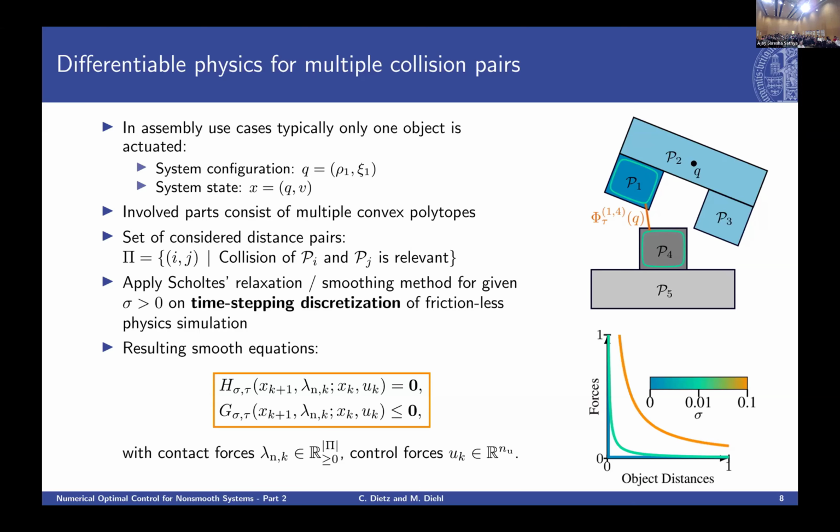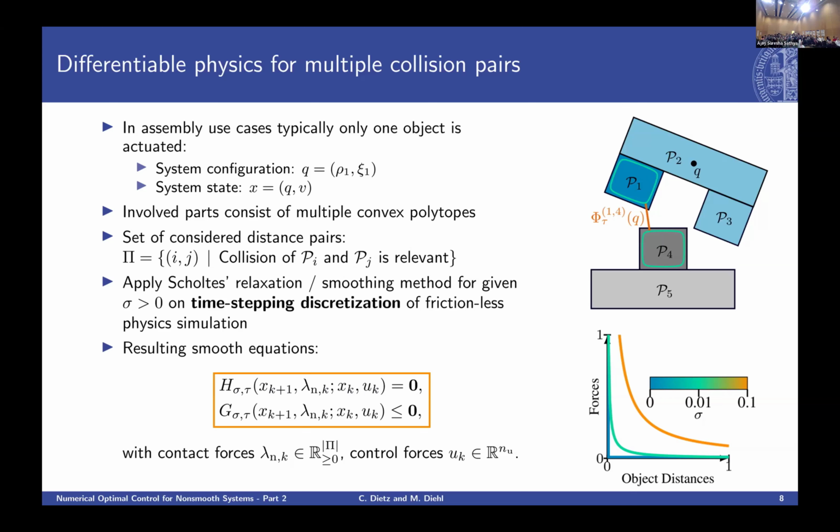Essentially, in the time-stepping discretization, we again have a complementarity constraint between the object distances and the corresponding contact forces. And we smooth this complementarity constraint again by using Scholtes' method, as Morris introduced, where the Scholtes parameter here is called sigma.